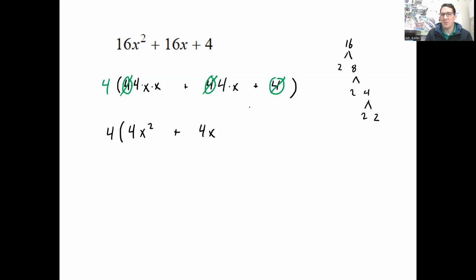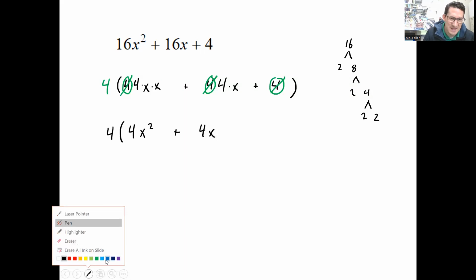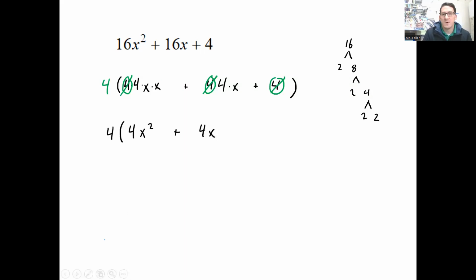And then here, a lot of people would say, oh, we took out the 4, so there's nothing left. But here's the thing. We're undoing distribution. We need to distribute the 4 back in. If we were going to distribute the 4 back in, it would have to end up being like the original. So there's something left over, it's a 1. So 4 is 4 times 1.